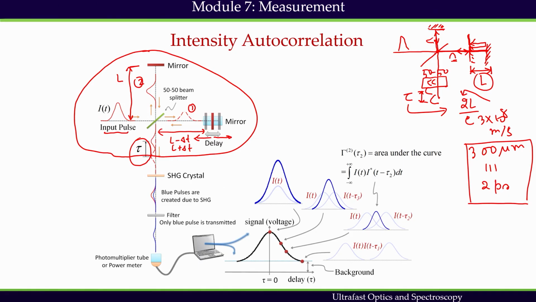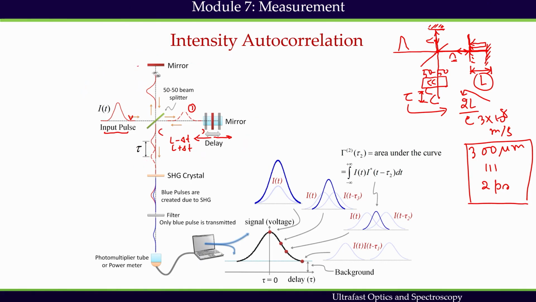So with this information, we can go back to the Michelson interferometer, and we see that we now have two pulses coming out of the interferometer.